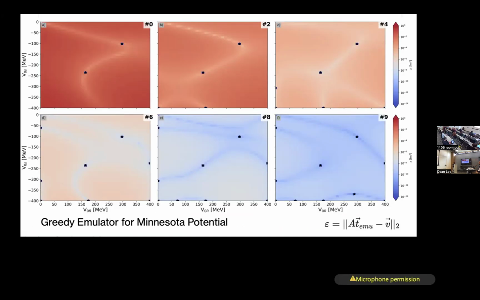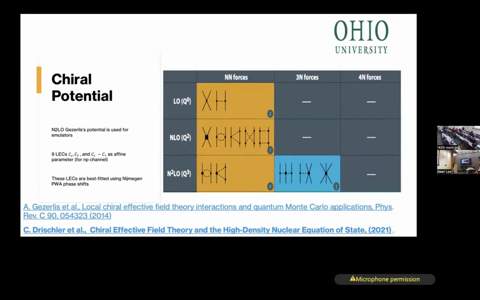So once we built that, we went to a little more complex chiral potential, which is given in this paper by Gezerlis, and we picked N2LO order.